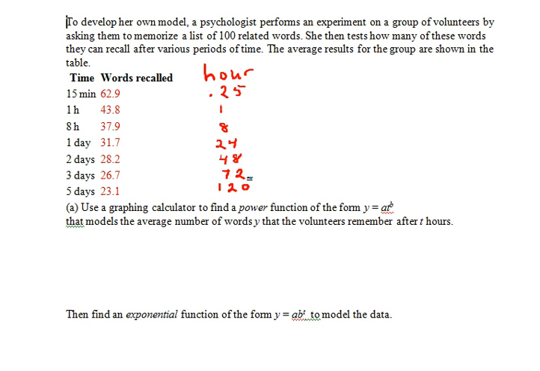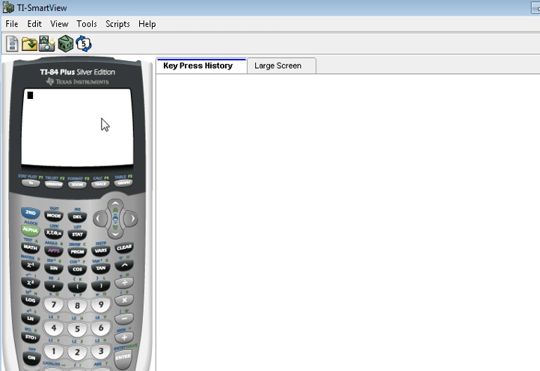So in our graphing calculator, we will be graphing the ordered pairs 0.25, 62.9, 1, 43.8, etc. So now let's move to the graphing calculator, and we will be going to Stat, Edit, which is 1.